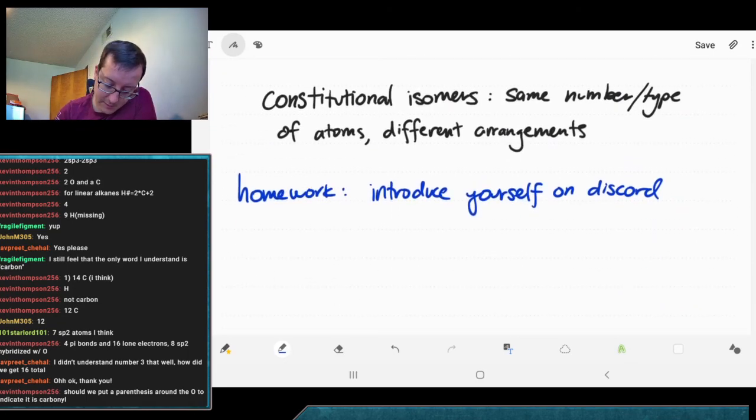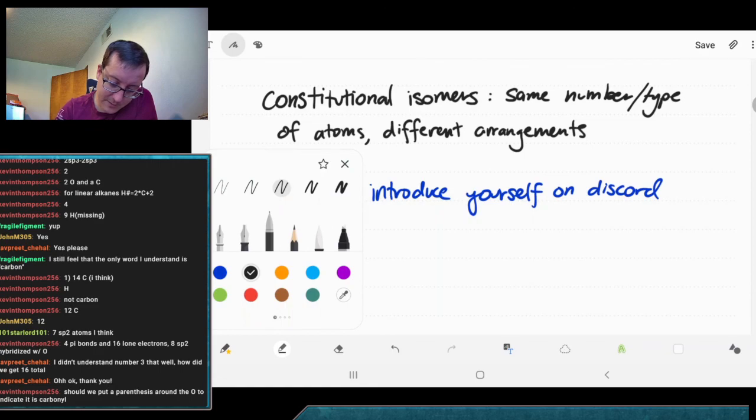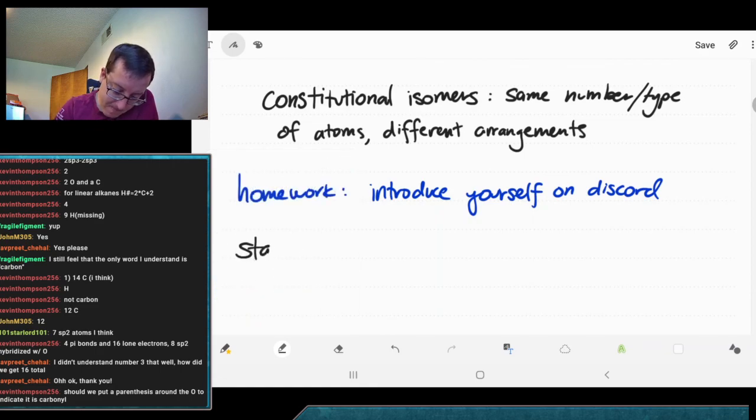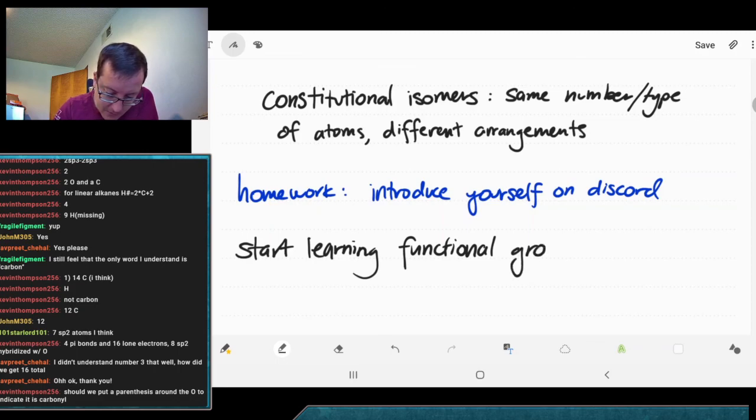And then I'm going to also put up a chart of functional groups. You're going to want to get familiar with those.